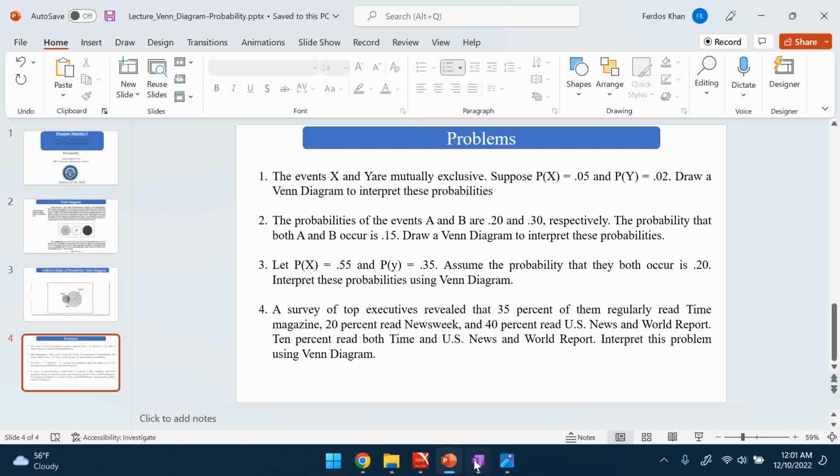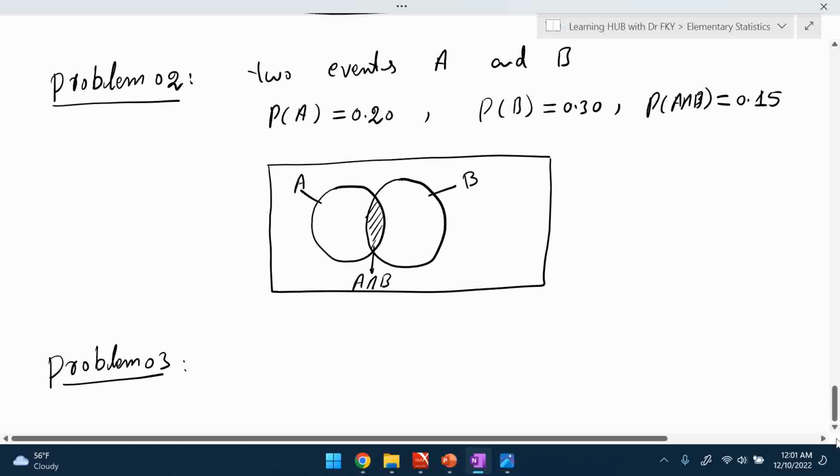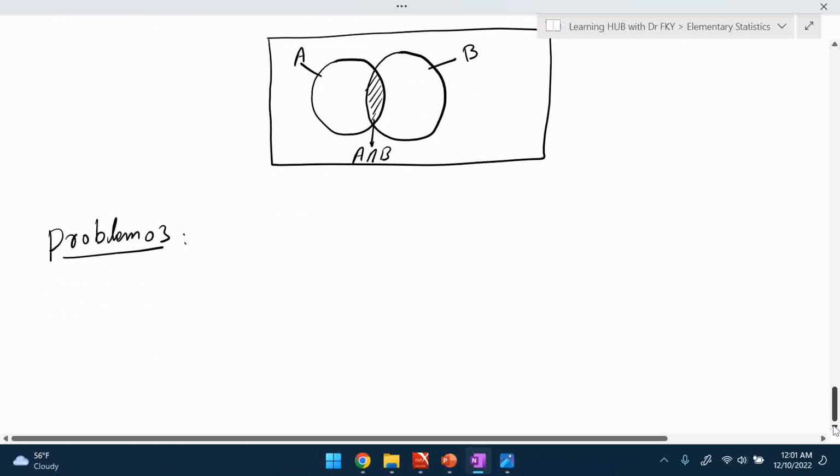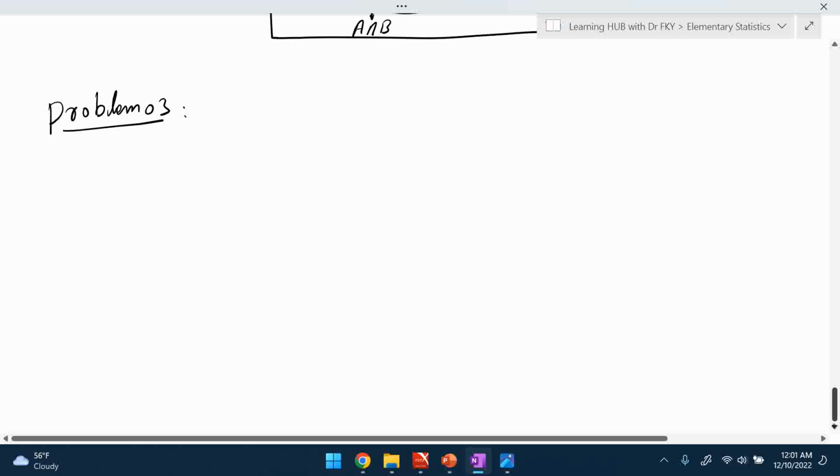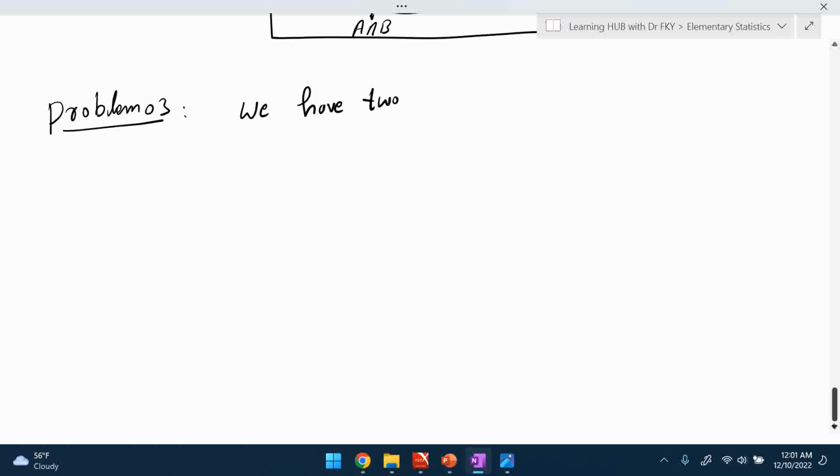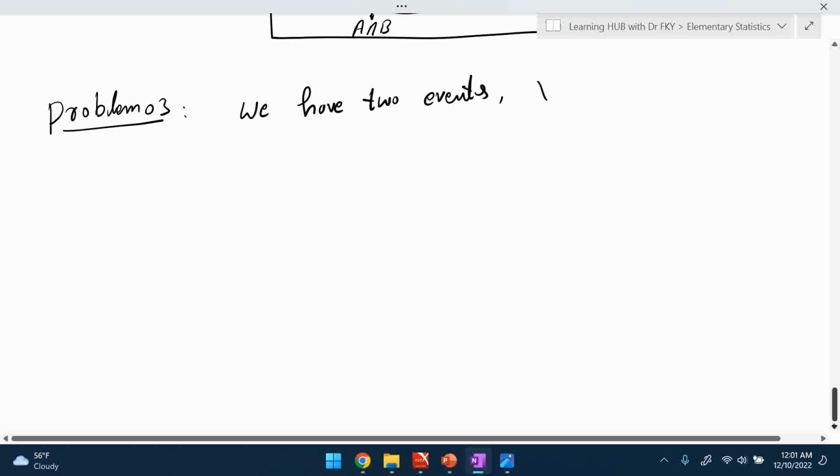Okay, so now let's see, we have two events again in this problem, that is X and Y. Probability of X is equal to 0.55.